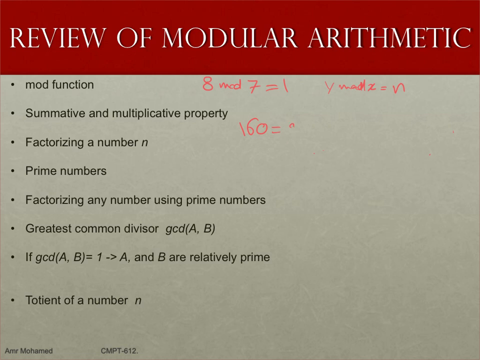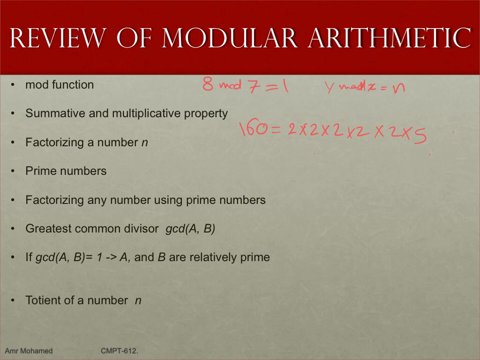Yes. If I divide 160 by 2, the answer is 80. Divide by 2, the answer is 40. Divide by 2, the answer is 20. Divide by 2, the answer is 10. Divide by 2, the answer is 5. Right? And then 5. So these are the divisors of this number. This is the factorization of the number 160.